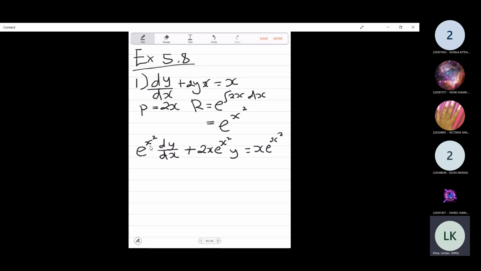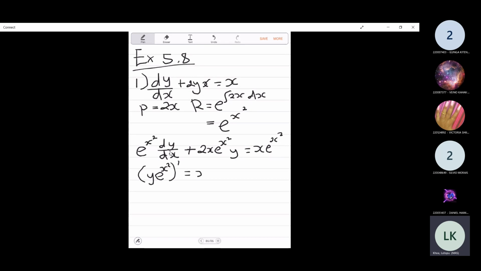Okay, so again on the left hand side we check that this is the product rule. We have e to the power of x squared. The derivative of e to the power of x squared is e to the power of x squared, then we multiply that by the derivative of x squared, which is 2x. And then we have y and the derivative of y. So we can condense this as y e to the power of x squared, prime.